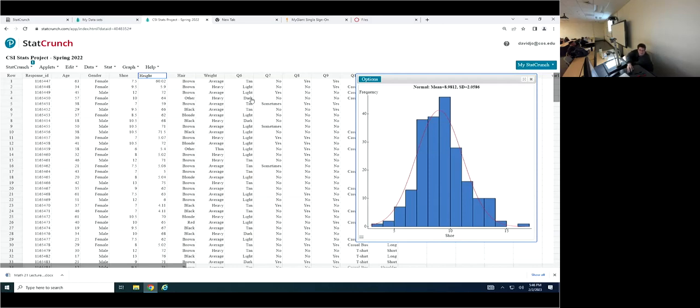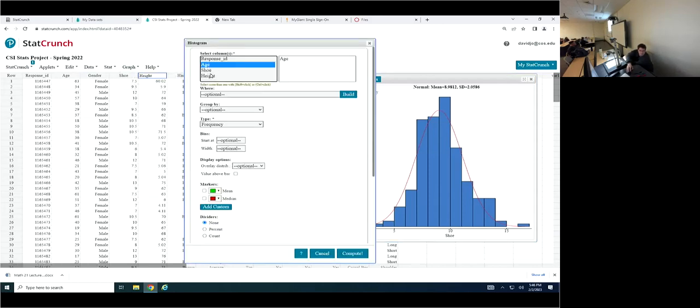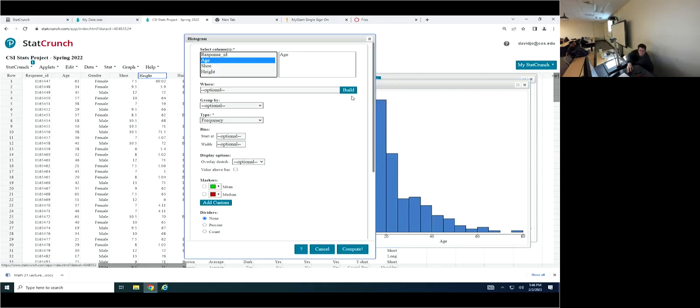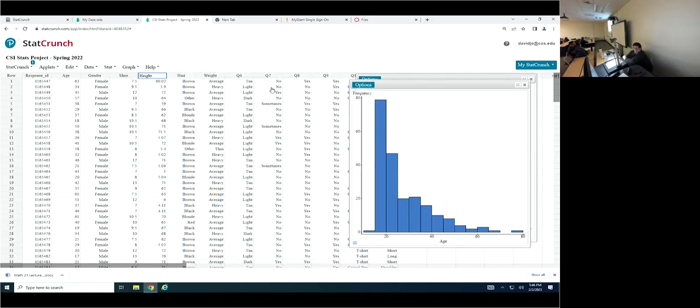If I look at age, we see something different while I have it up. If I do this distribution and edit it, oh, it doesn't let me choose one of the normals, only the skewed. They're like, if you can't tell a skewed when you look at it, get out.